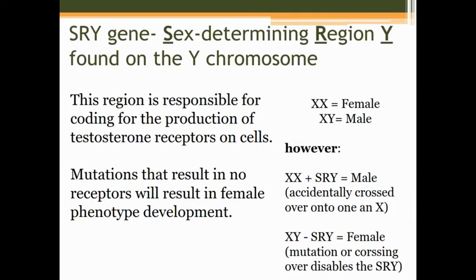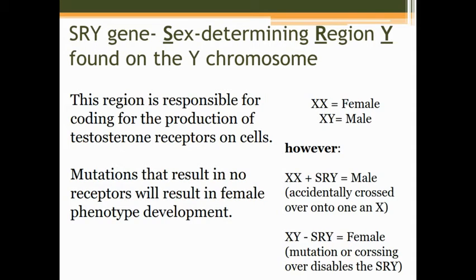A linked gene. This is the SRY gene, or sex determining region Y, SRY. This region is responsible for coding the production of testosterone receptors on cells, and it's critical during the fetal development or embryonic development, even stages of development in utero.